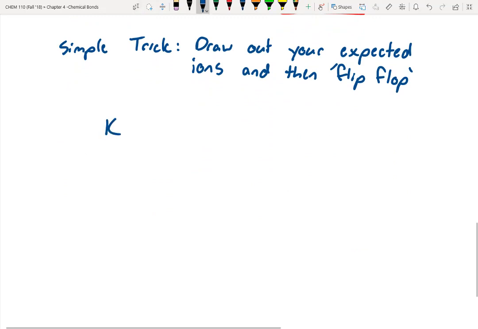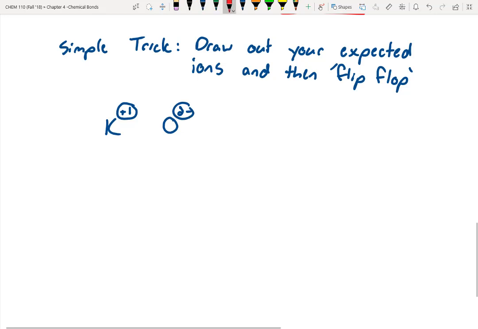Potassium is in group 1A. We said anytime you have an atom in 1A and it's in an ionic compound, it's going to be +1, right? So I'd say +1 for potassium. And then oxygen is in group 6A. It's a lot easier to gain 2 electrons than to lose 6. So it's normally 2 negative when it's ionic.